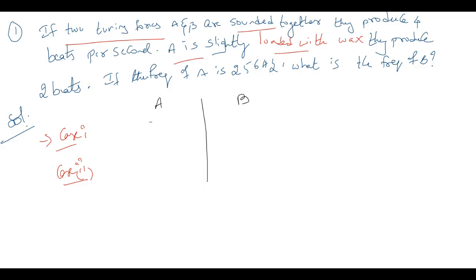In the first case, let us take that the frequency of A is 256. Now see how many beats are produced in the first case? 4 beats. So here let us write number of beats, which is nothing but beat frequency. Here 4.